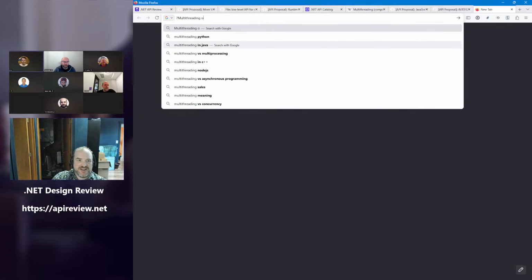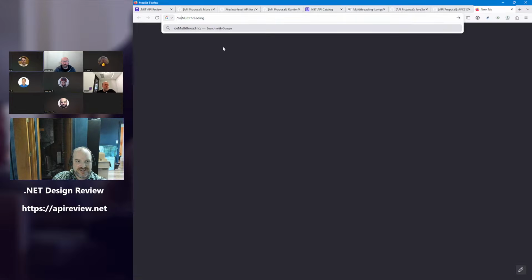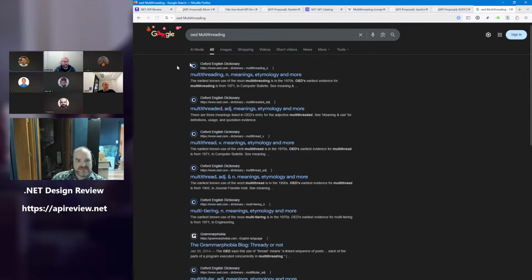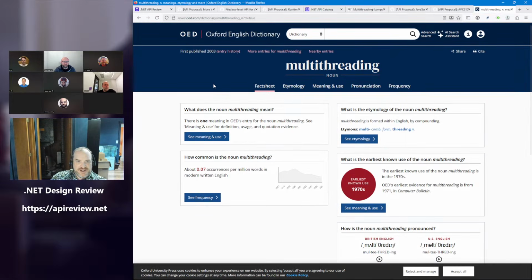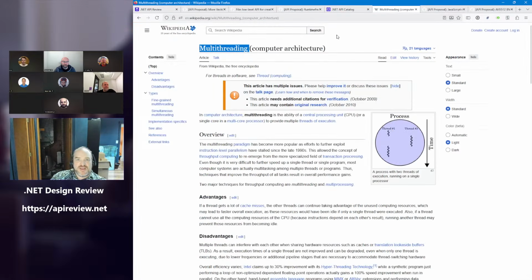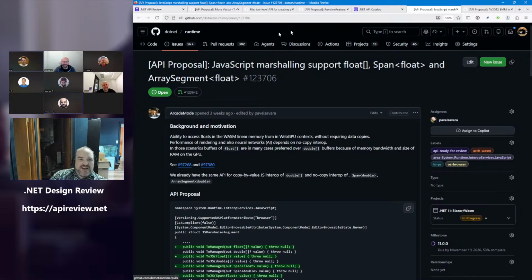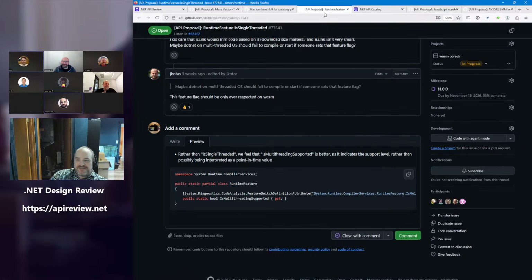Yep. Can we get the OED? Does it have it? AMD, ARM, and Intel all use lowercase t in their architecture manuals. The Oxford English Dictionary has multi-threading as a noun, so it is a single word, according to some snooty Brits. All right. Sounds good.